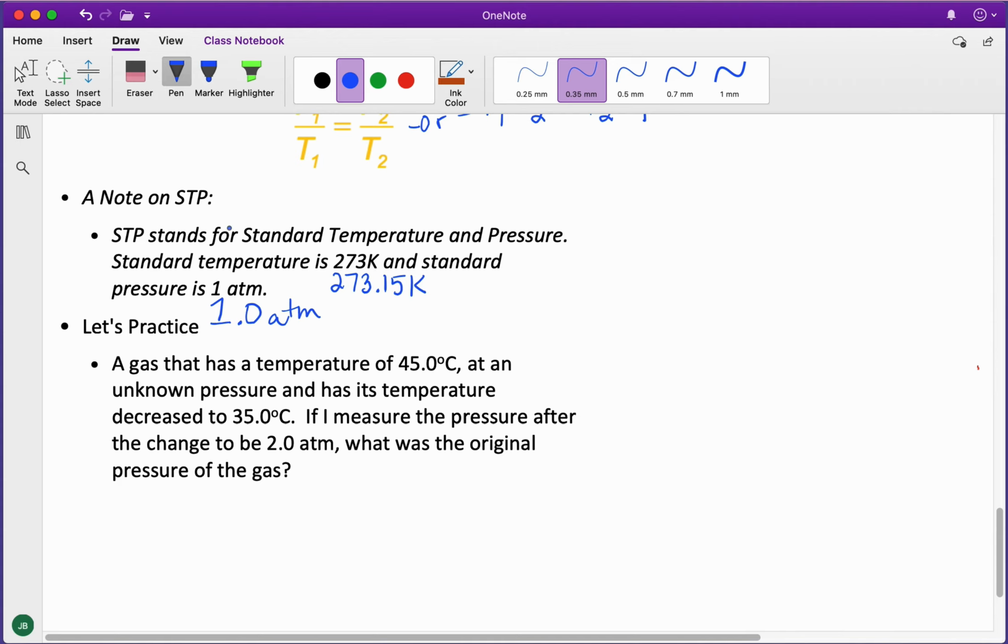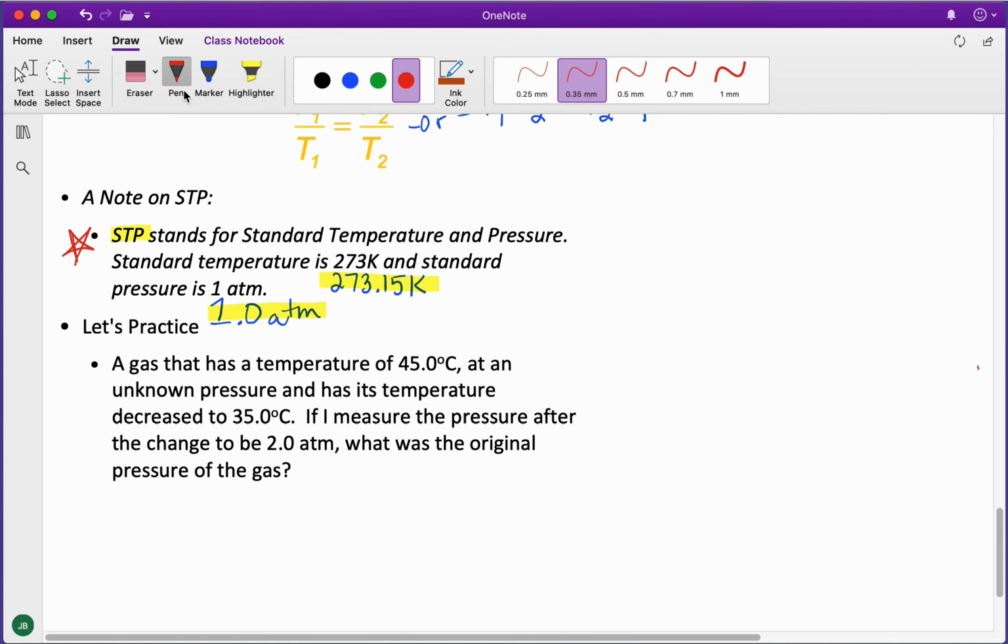So what does that mean? That means, yep, you're right, you have something else that you need to memorize. All right, so once again, STP is going to be 273.15 kelvins and 1.0 atmospheres.